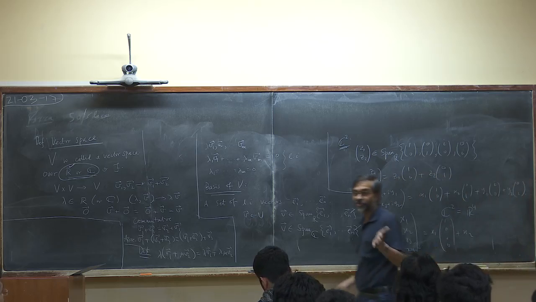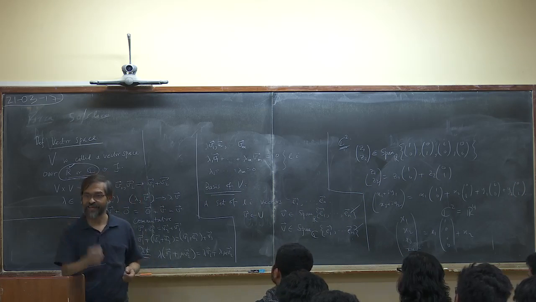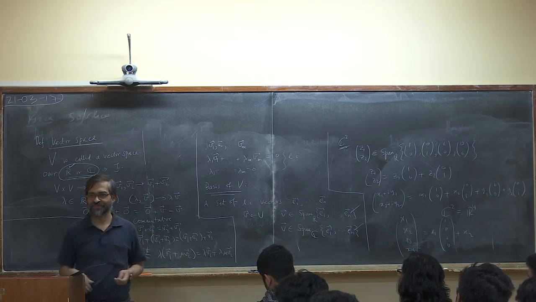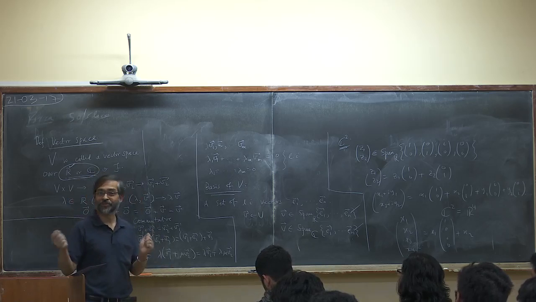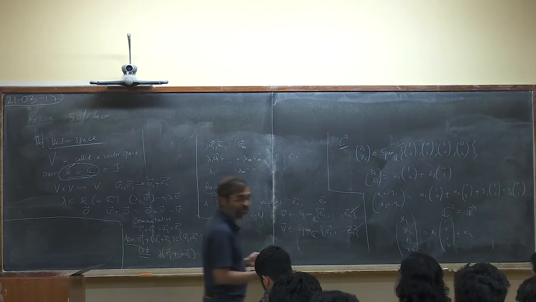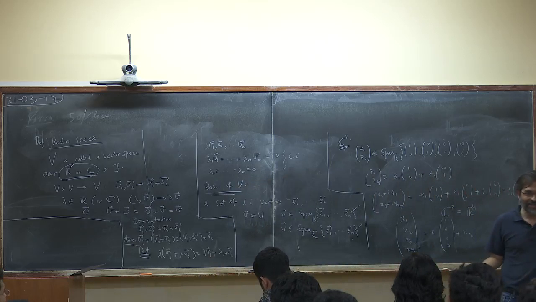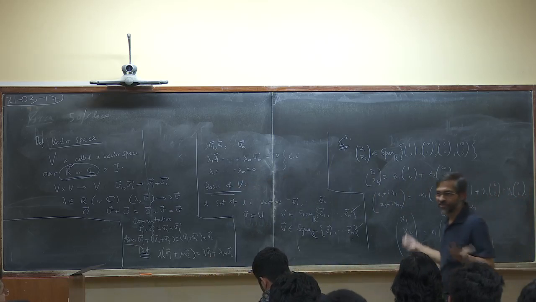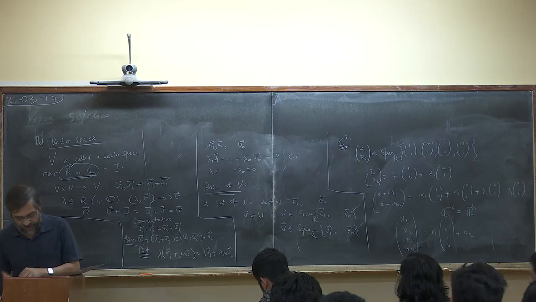So in mathematics textbooks, typically one will absorb this i in the definition of the generators. i times J1 would be called J1, i times J2 would be called J2, i times J3 would be called J3, so that the commutator of J1 and J2 is not i J3, it's some minus J3 or whatever, something like that. I just wanted to mention this earlier to you.